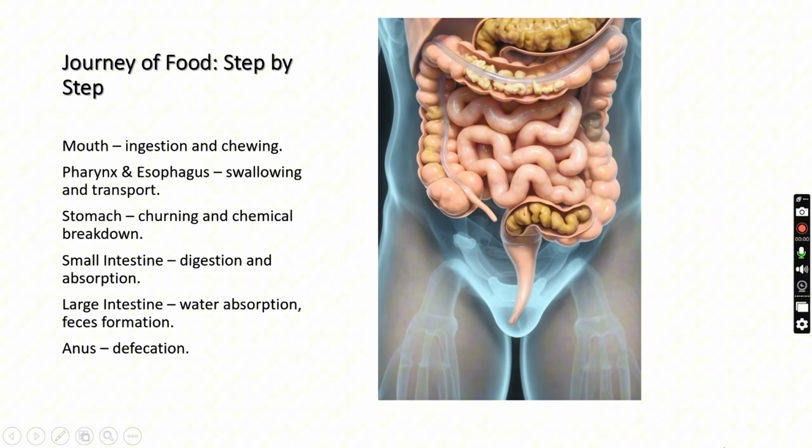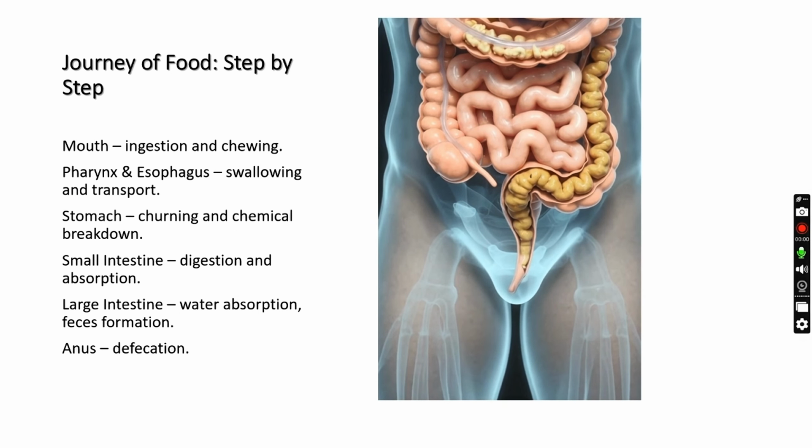Here's a quick journey through the system. Food enters through the mouth, where it is chewed and mixed with saliva. It then passes through the pharynx and esophagus into the stomach. In the stomach, food is churned and mixed with gastric juices to form a semi-liquid substance called chyme.